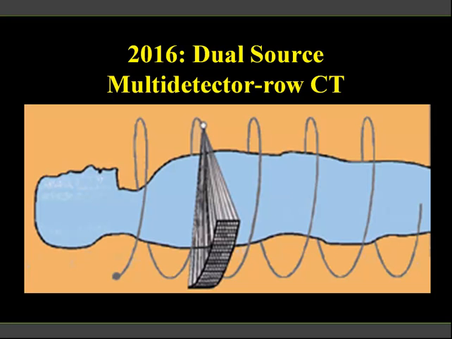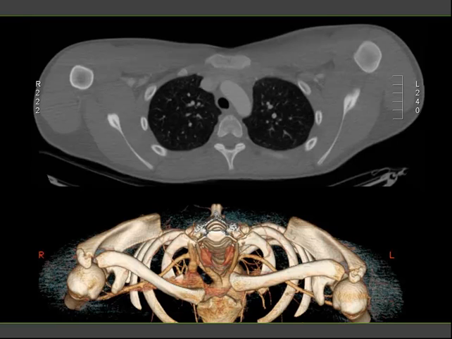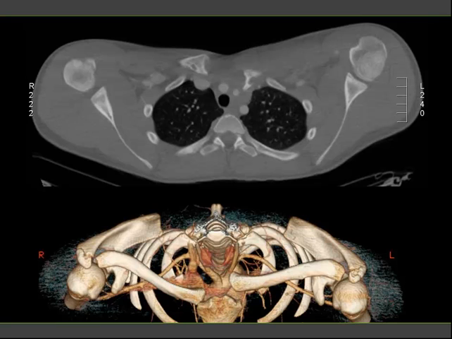Now, in 2016, we have dual-source multi-detector CT, which can image a trauma patient in a matter of seconds. You can see here a case of CT angiography of the chest in a trauma victim. This image is literally acquired in several seconds, showing the skeletal and vascular anatomy in exquisite detail.